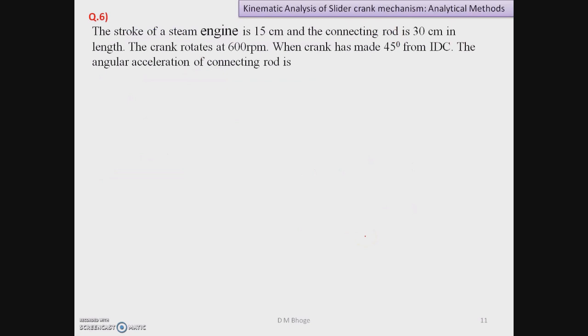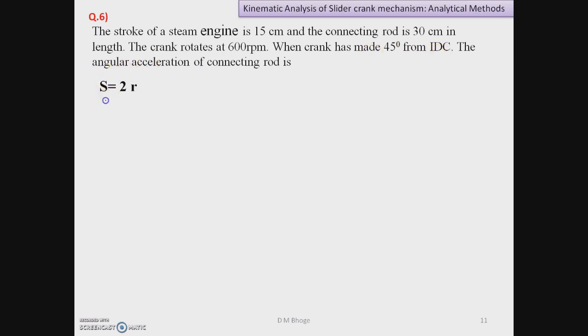Now example number 6. The stroke of a steam engine is 15 centimeters and the connecting rod is 30 centimeters in length. The crank rotates at 600 rpm. While the crank makes an angle of 45 degrees with respect to IDC, we have to determine the angular acceleration of the connecting rod.